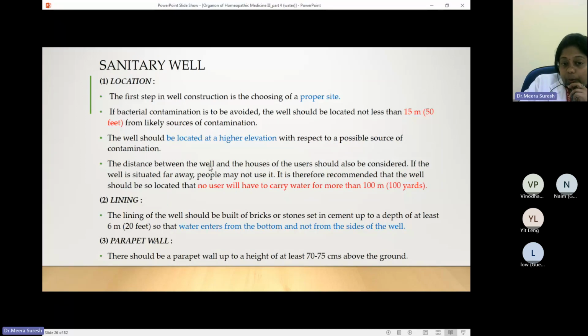The distance between the well and the houses of the users should also be considered, because if people have to walk a long way to carry water, they may not use it.